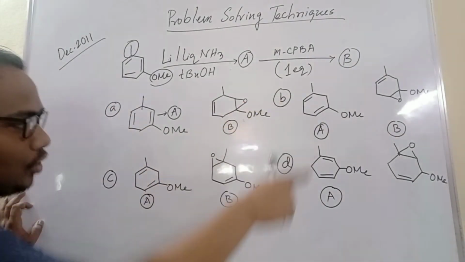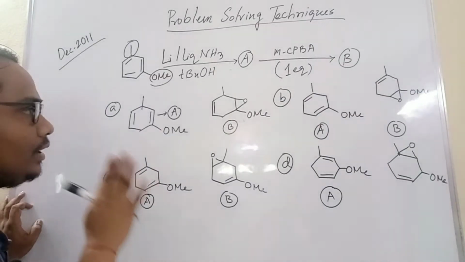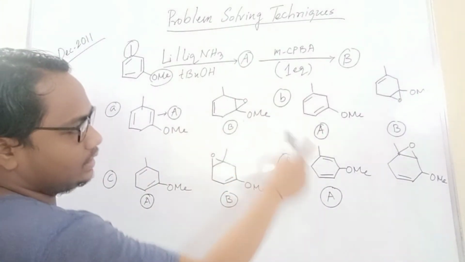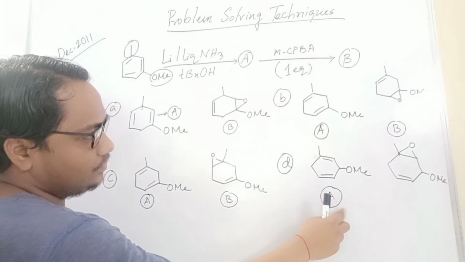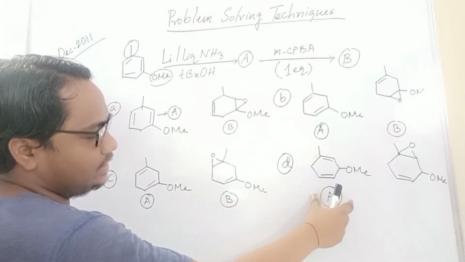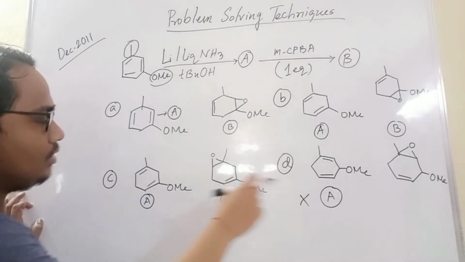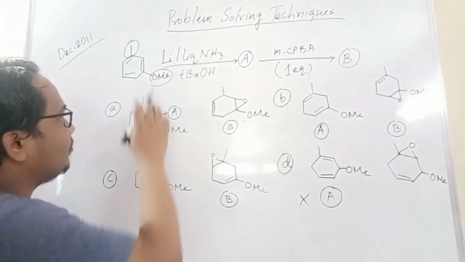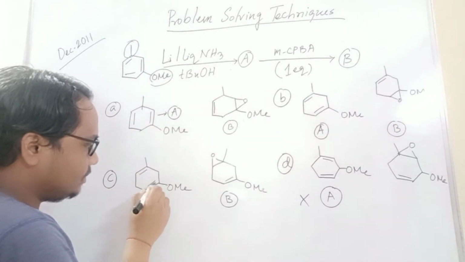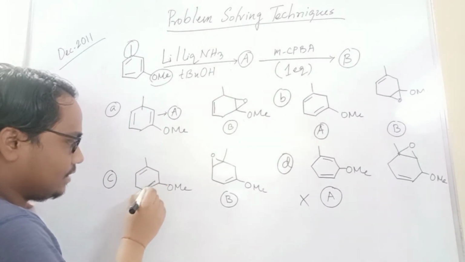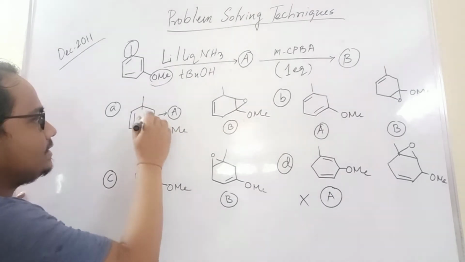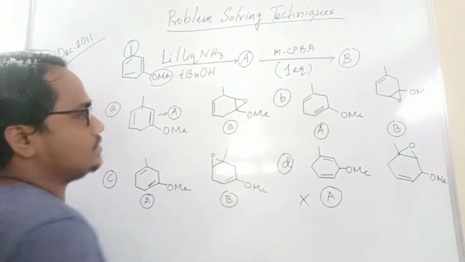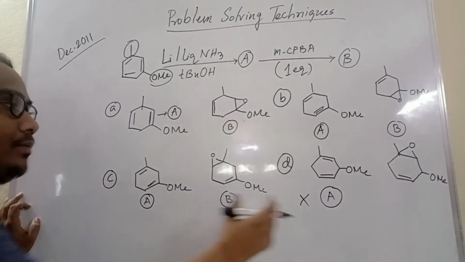In these 4 options, the double bond near the methoxy group is here, here and here. In this one it is not there, so this option is wrong, because always the electron releasing group and the formation of double bond from the aromatic ring come adjacent to the methoxy group. So this double bond is near the methoxy group, and here this double bond is near the methoxy group. So the first criterion you have to select.